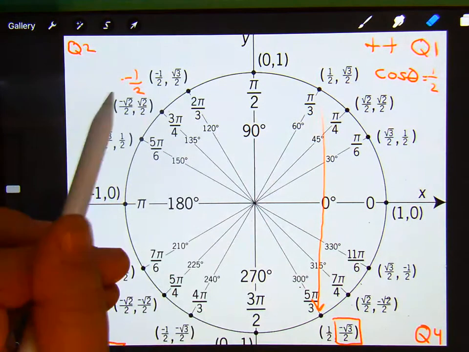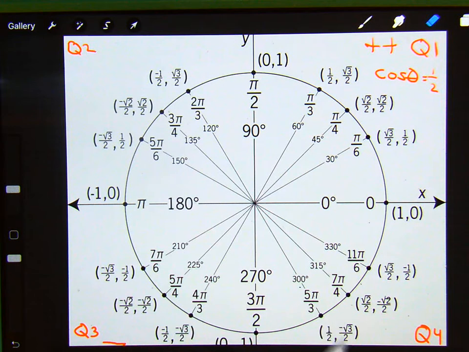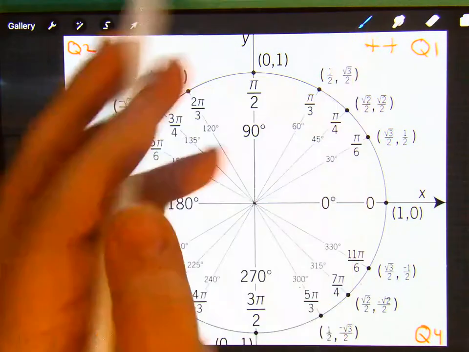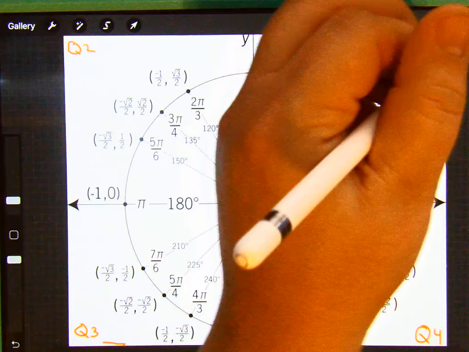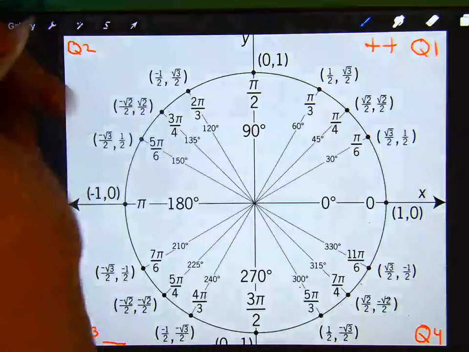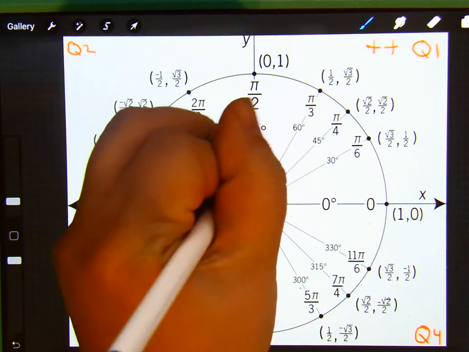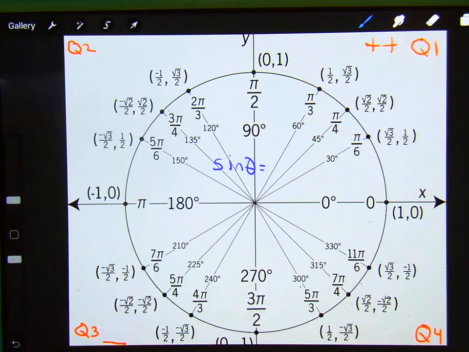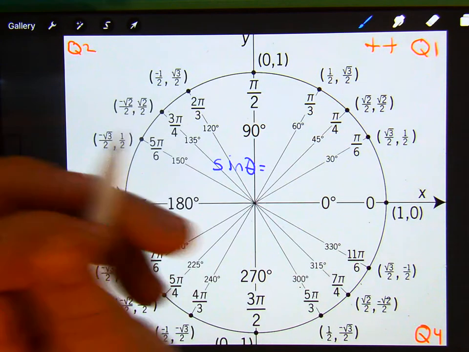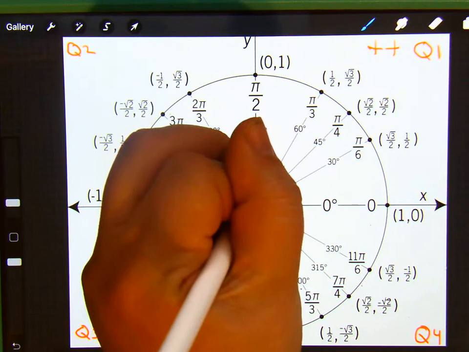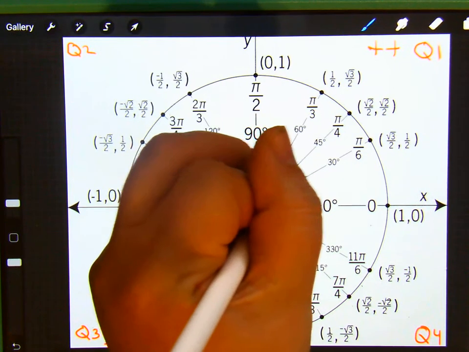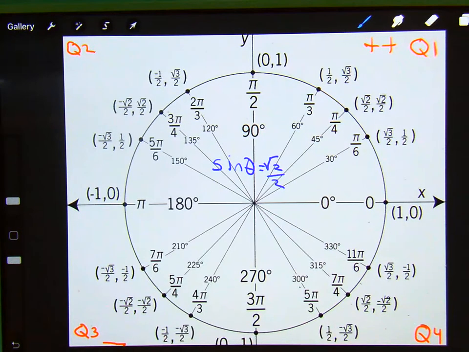Let's see what this looks like if I apply it with the sine. I'm going to use blue. Our quantity that we're looking for is sine theta equals radical 2 over 2. Sine is my y.